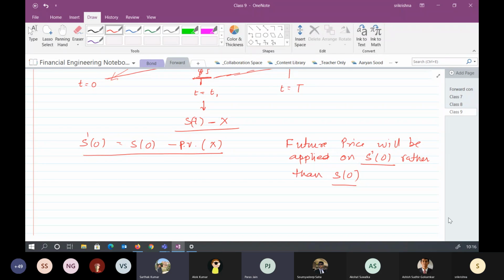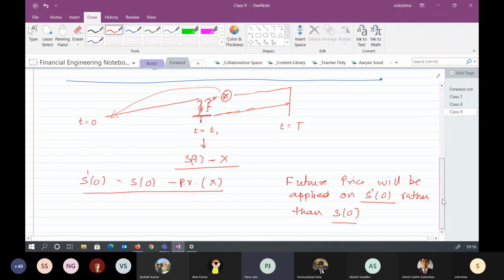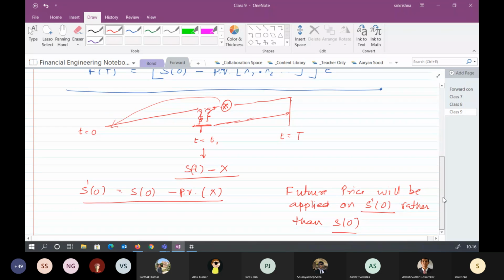At T equal to T1, S_T minus X is the spot price. This is a speculated one, correct? This is not the actual one. We all are trying to speculate what should have been the price when we are standing here. We are at T equal to 0.